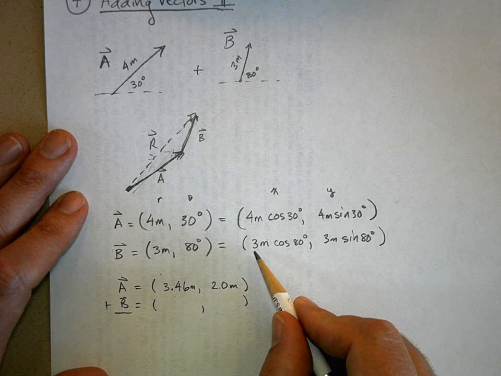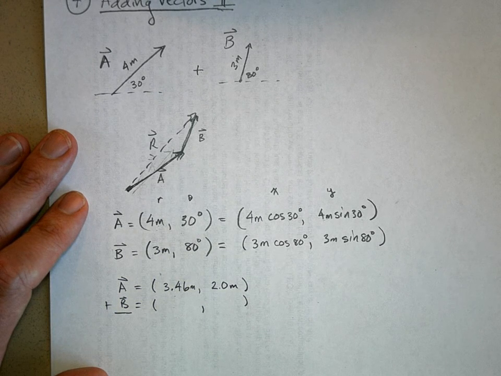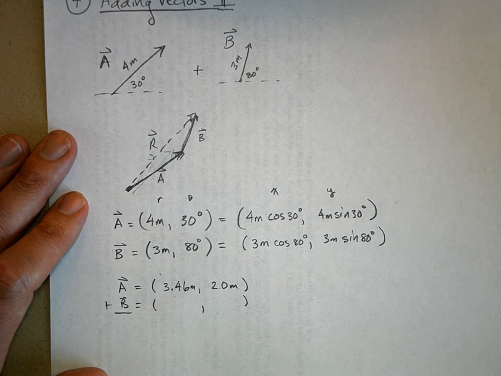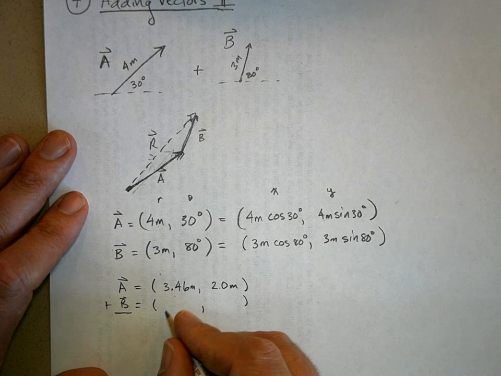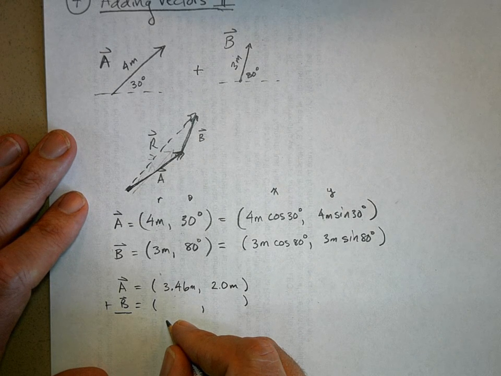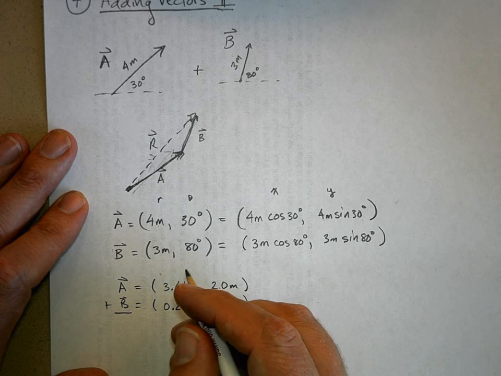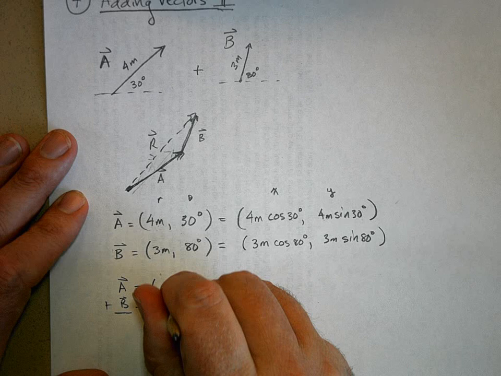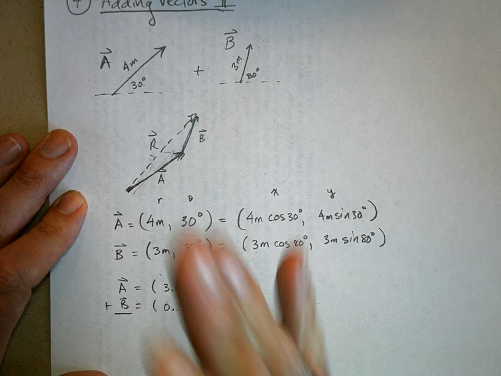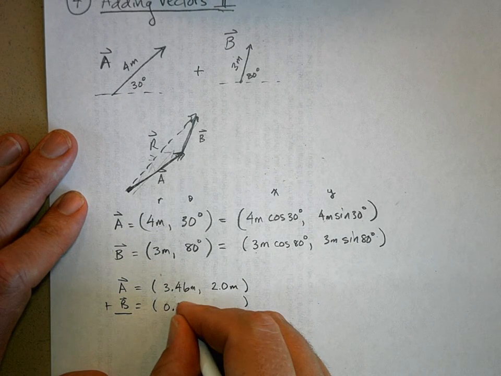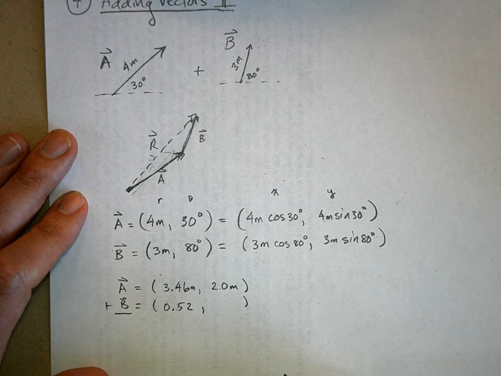Now, what is 3 meters times the cosine of 80 degrees? It's going to be pretty small. Somebody calculate that for me, please. 0.52. And then what is the y value?